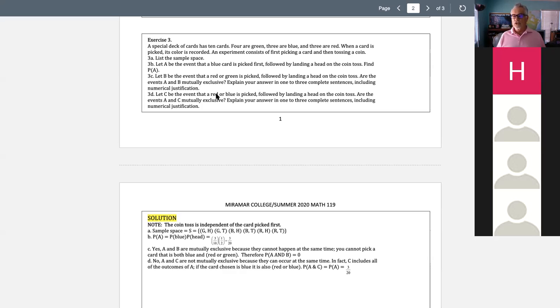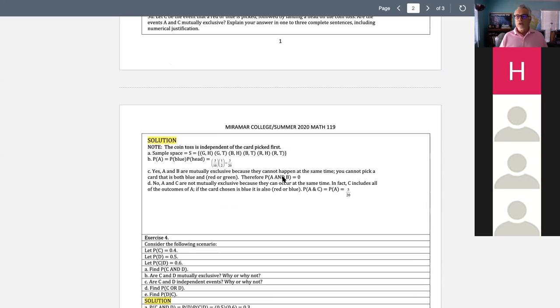Those are mutually exclusive. And therefore, the probability that they happen jointly is 0. They can't happen jointly. Either one or the other happens, but not both.